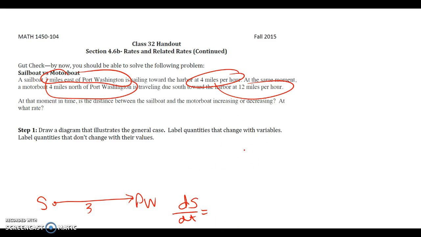Now I believe that's going to be a negative 4 miles per hour. All right, then we have a motorboat coming toward Port Washington as well, and it's 4 miles away. And the motorboat is 12 miles per hour. Okay? And again, I think we want to call that negative because it's going toward Port Washington.